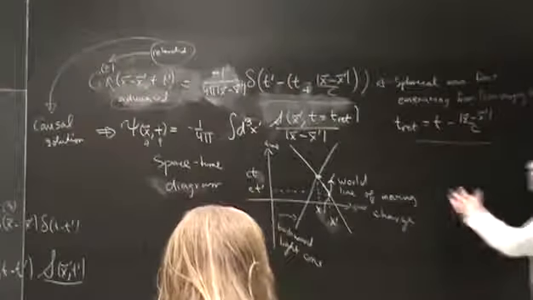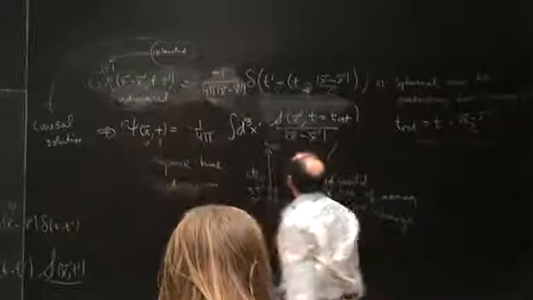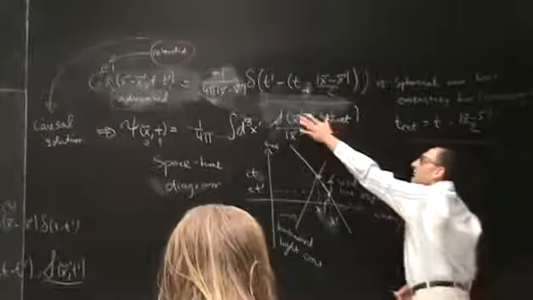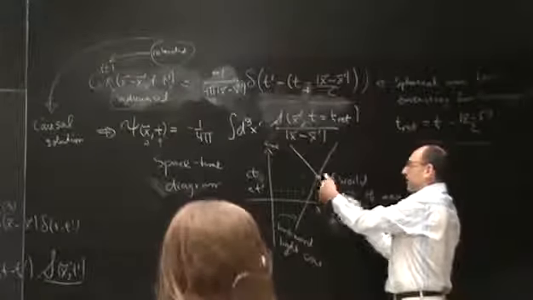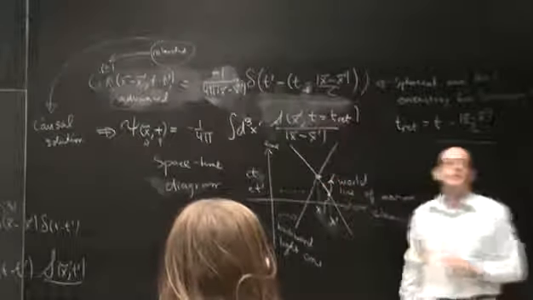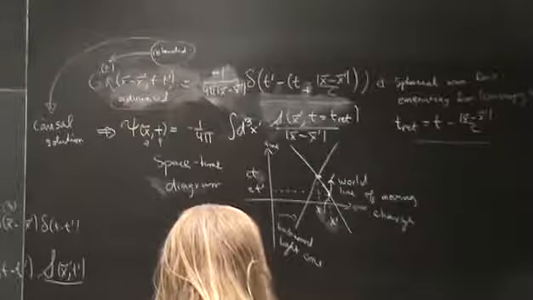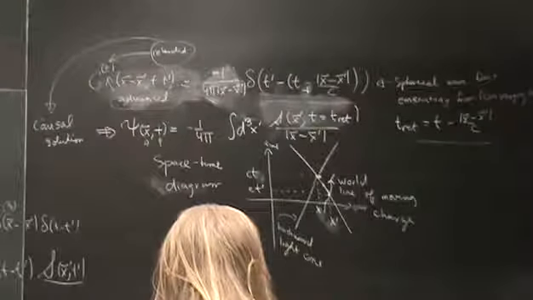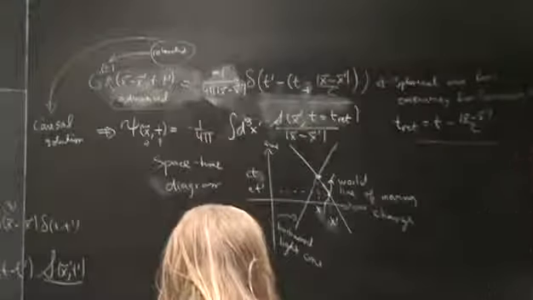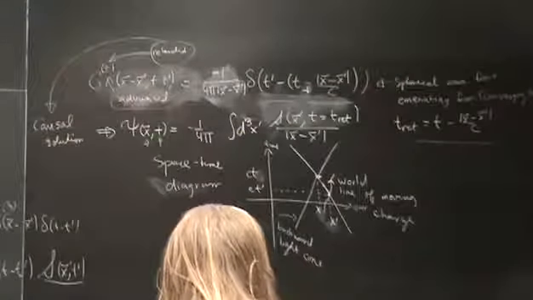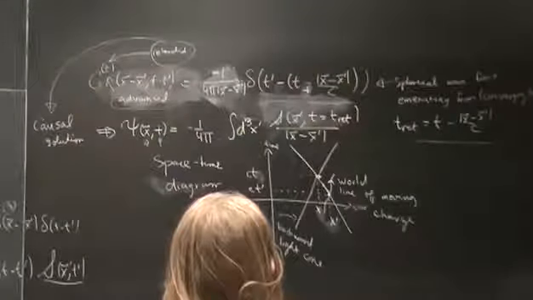And so the total signal that I will see will be a weighting of the sources over all the world lines that cross my backward light cone, added up appropriately with the 1 over distance scaling that's related to the spherical wave. All right?